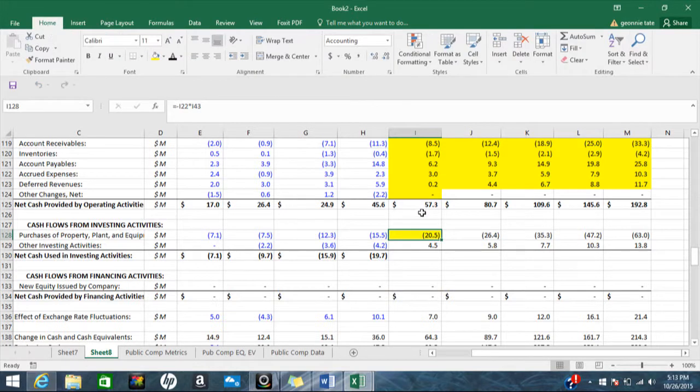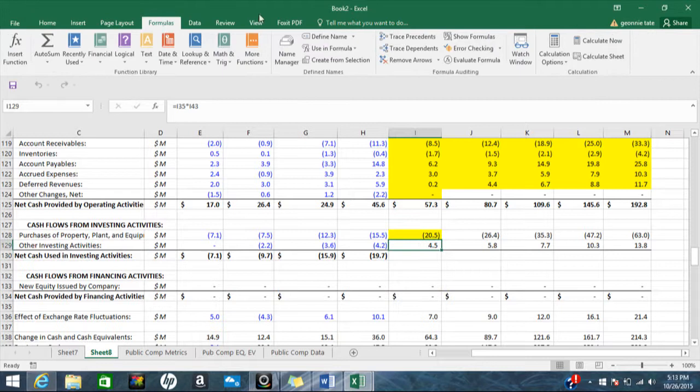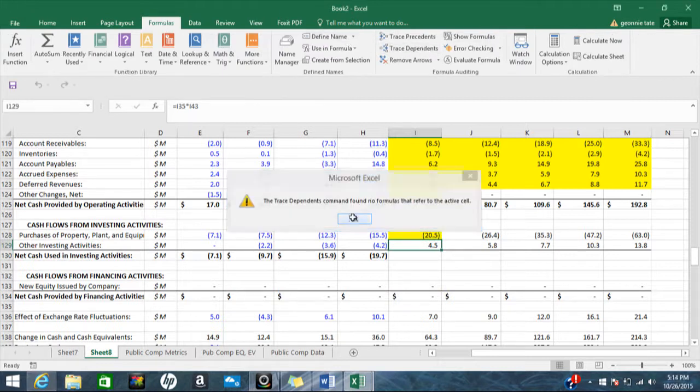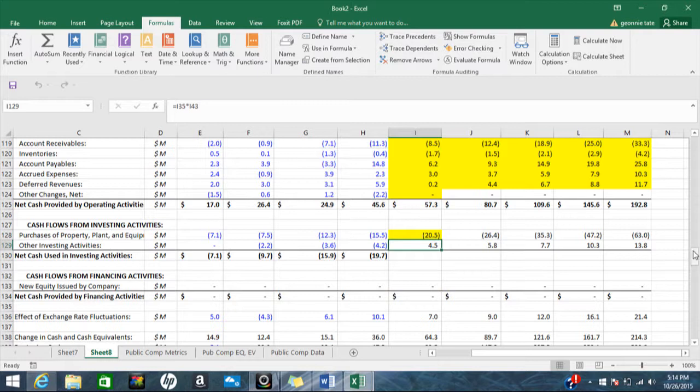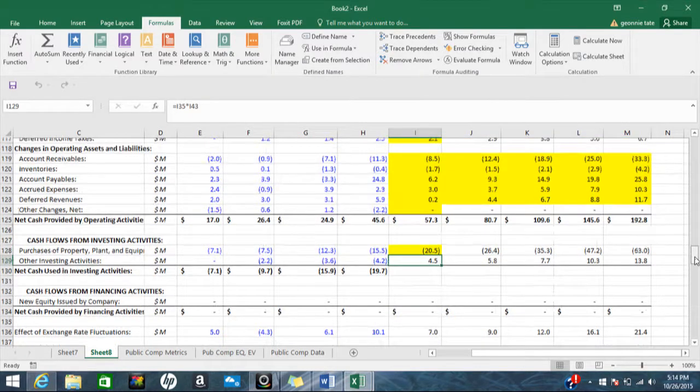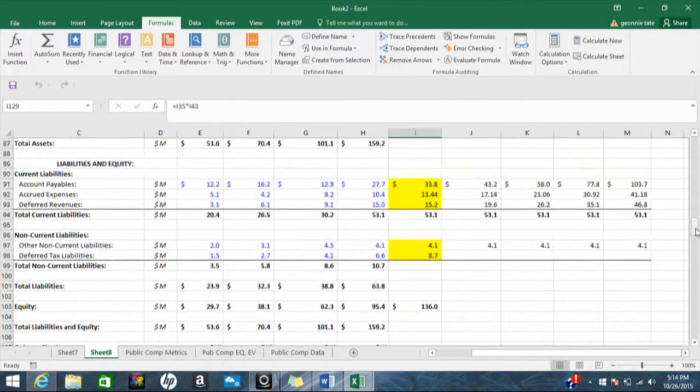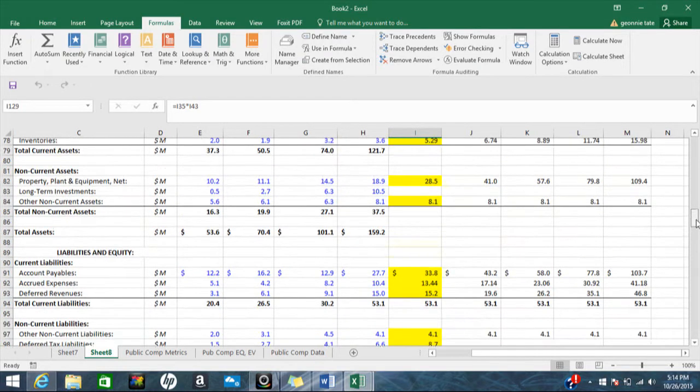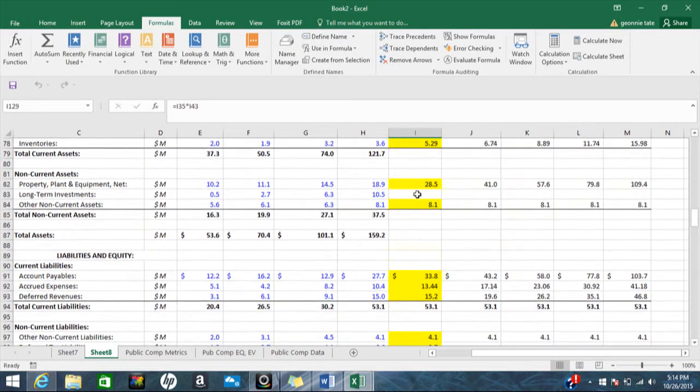For the other investing activities, okay, I didn't use this yet, so link that to here.